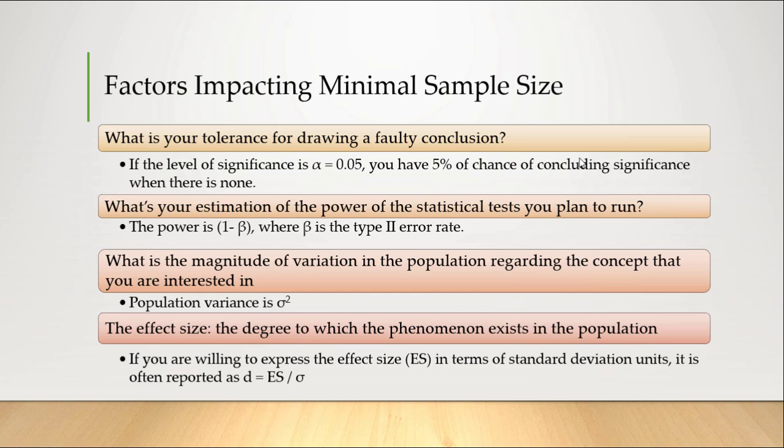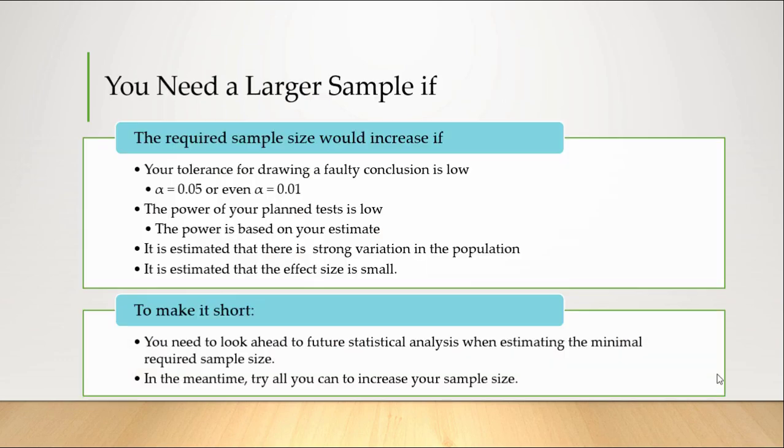And what is the estimated effect size? Once you have an idea about these factors, there is free software available to help you estimate the minimal sample size needed. That said, the bottom line is to always try all you can to increase your sample size.